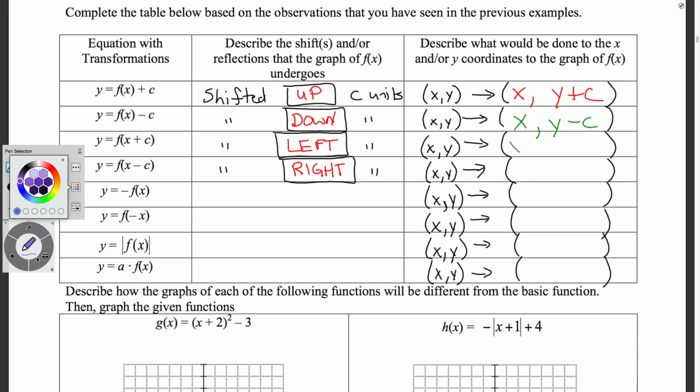X minus C, comma, Y? Yep. But there was a plus C over here. Now in the first one, we had a plus C, we got a plus C over here.